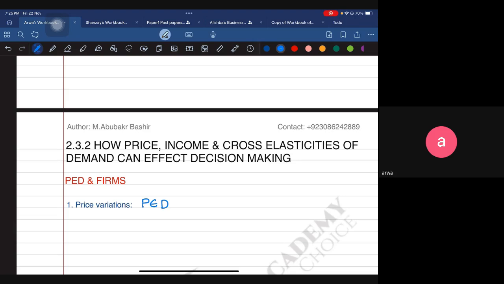They will keep getting profit from that area because people will keep buying it despite the price variations.